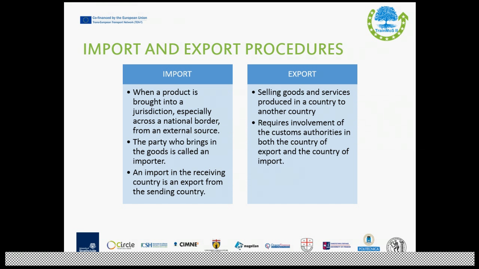Further on, export is the selling of goods and services produced in a certain country to another country and requires involvement of customs authorities in both the country of export and the country of import. So again, two broad families here.